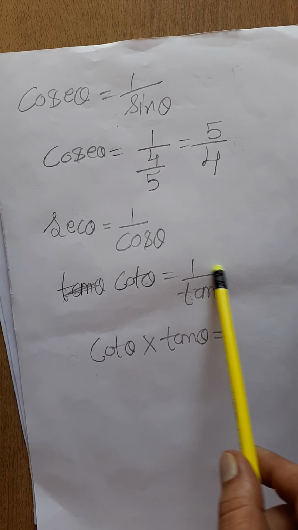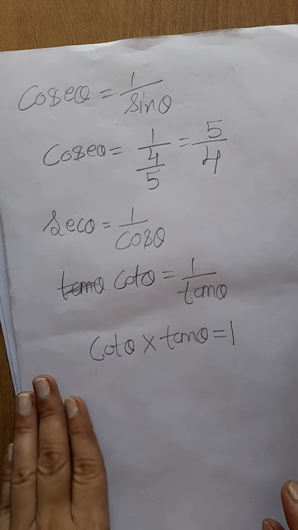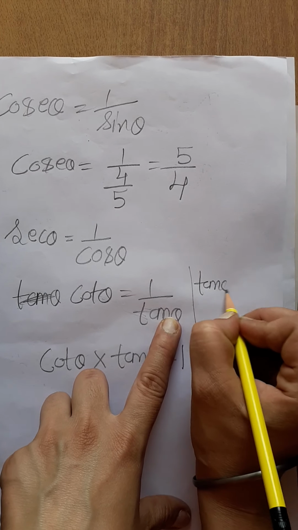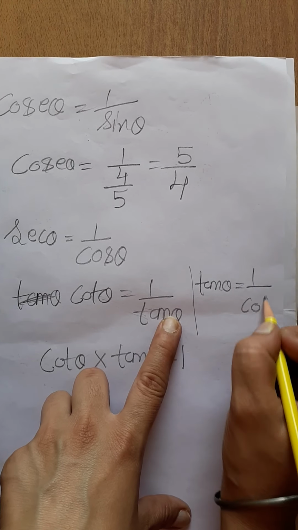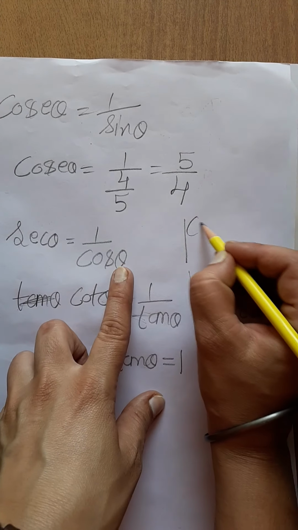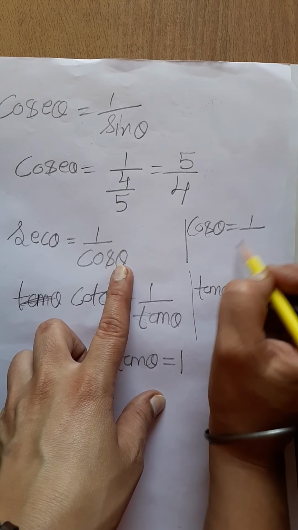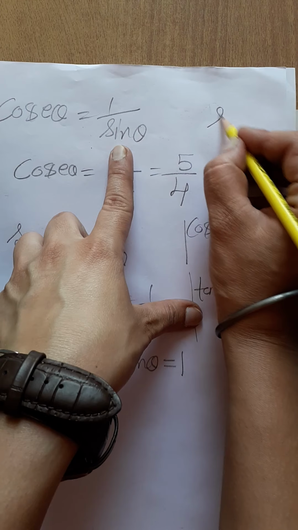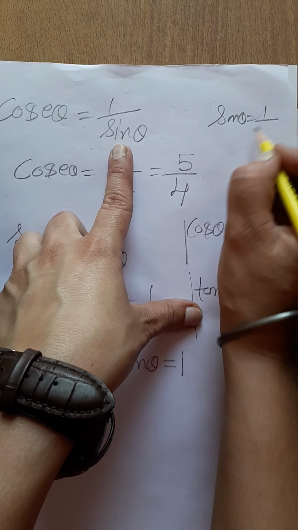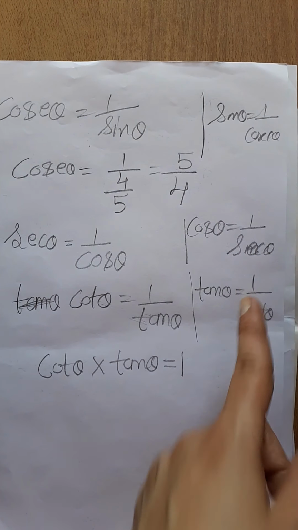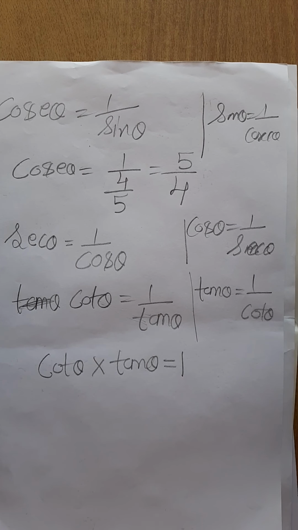So both are the reciprocal of each other. In the other way also, you can say tan theta is equal to 1 upon cot theta. And you can check it, cos theta is equal to 1 upon secant theta. In the same way, sin theta, we can call it 1 over cosecant theta. We can use these identities as we need in our questions, in our solutions.